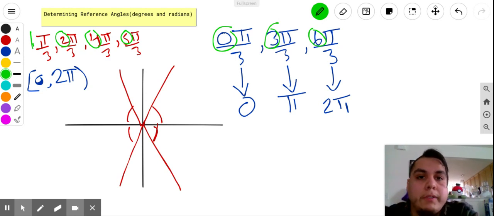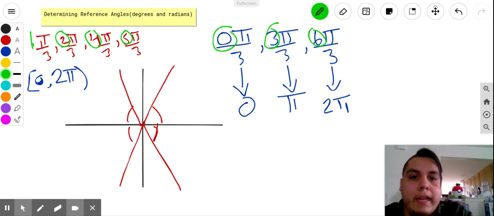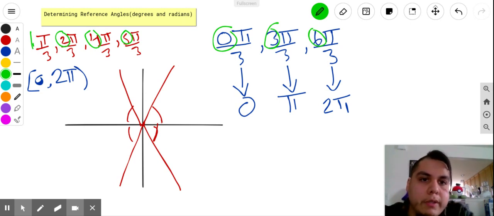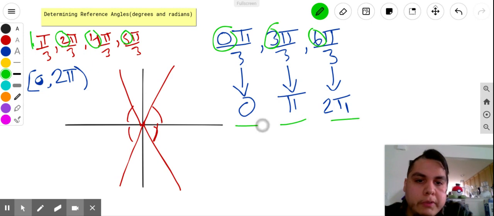That's pretty much it. Right? And again, that's why we don't use the multiples of 3, because we get something else when we simplify the fraction.